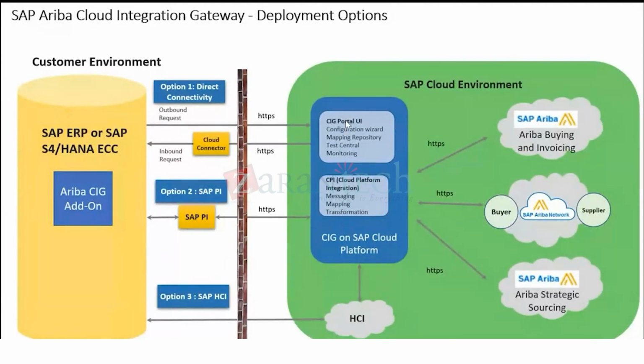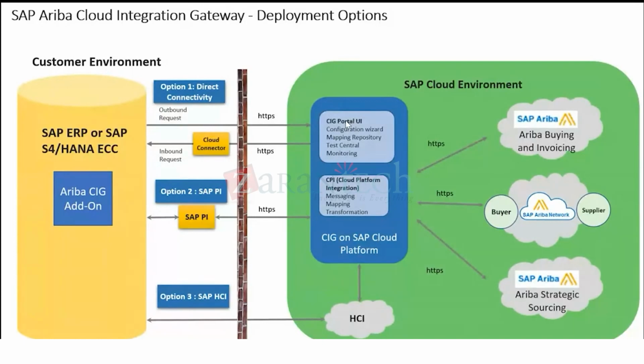The second deployment option is not very recommended, but again, it depends on the customer. If some customer is reluctant because they have already used the PIPO system in all their implementations, in that case you can tell them we also have this particular option in which they can use the SAP PIPO system with Ariba CIG, but this PIPO system will only act as a pass-through.